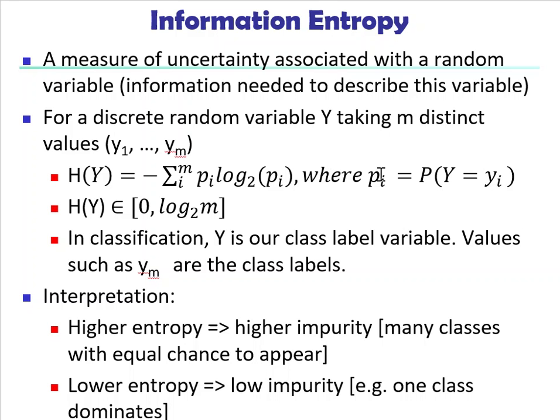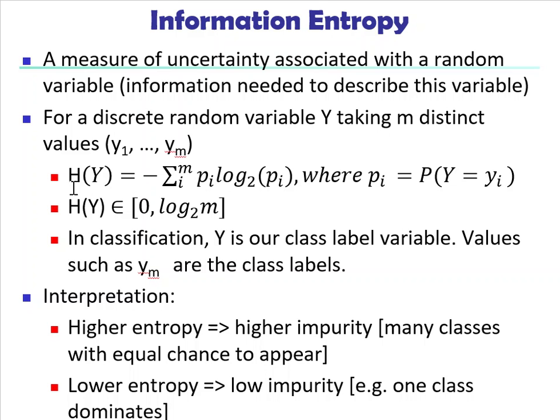Therefore, this p is the chance for this class label to happen in the dataset. So we sum over all the different classes. If we have m different classes, then we sum over these m classes.